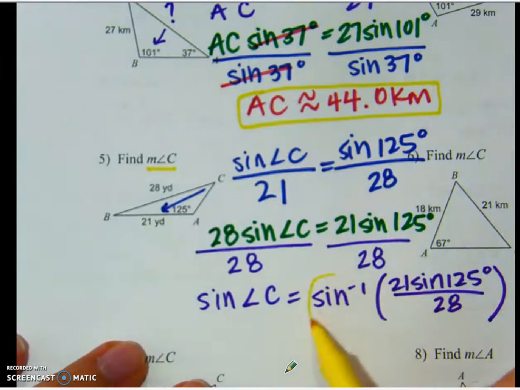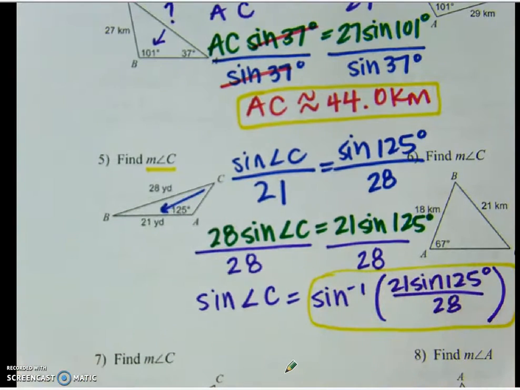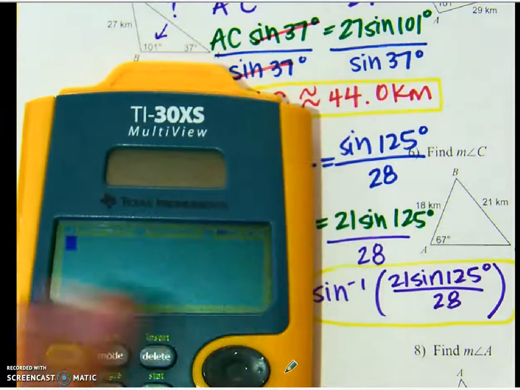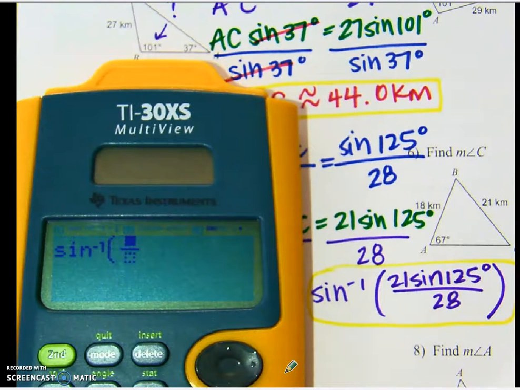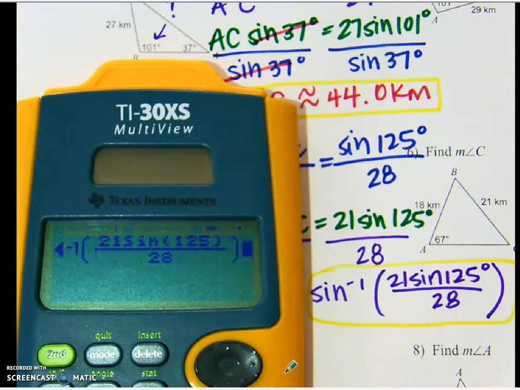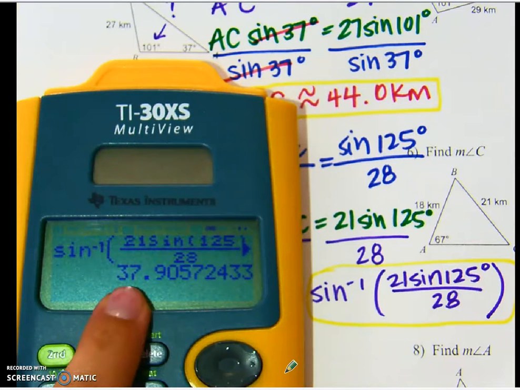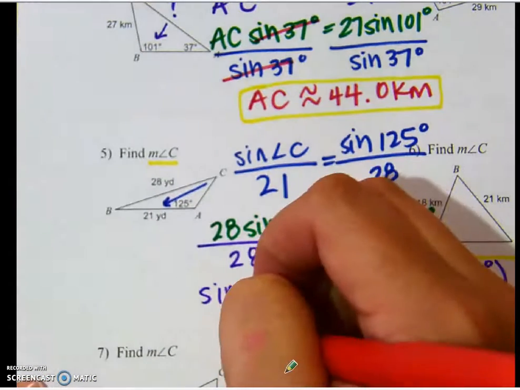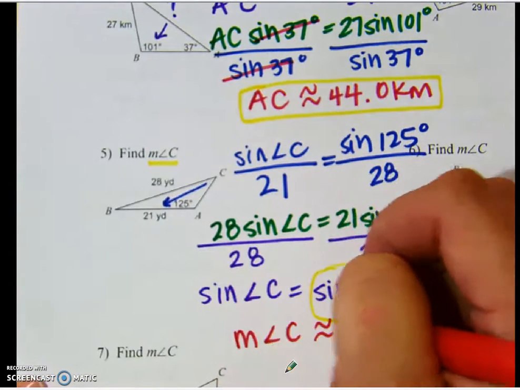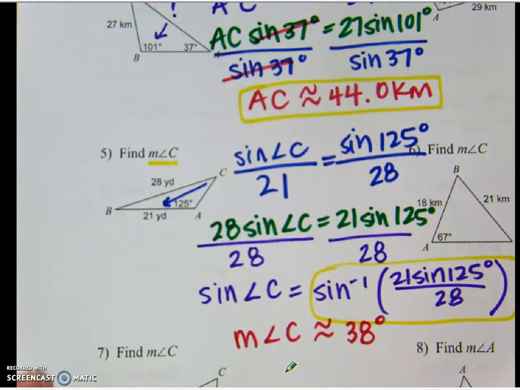So I'm typing all this in the calculator at once. Okay, so I'm going to type second sine, then the N over D button, 21 sine 125 over 28. Enter. So 37.9 would technically round up to 38. So the measure of angle C is about 38 degrees. Don't forget your degrees. And that's your answer.